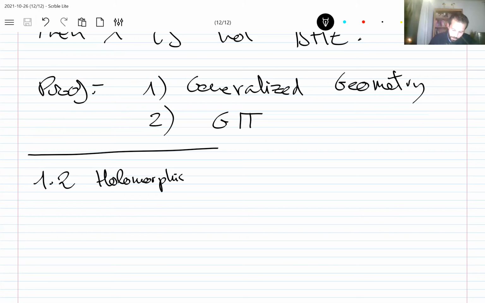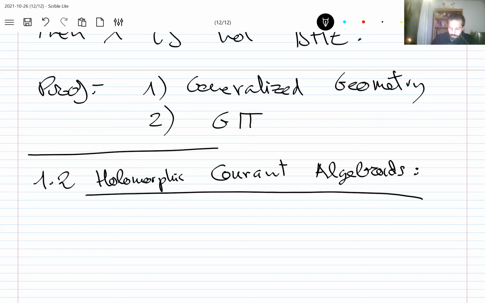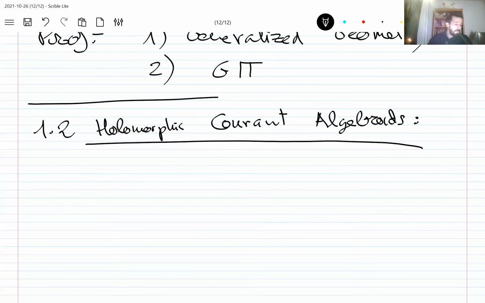Okay, so let me go to holomorphic Courant algebroids. So the idea, or what we are going to do, is to study Hermitian metrics on holomorphic versions of Courant algebroids.